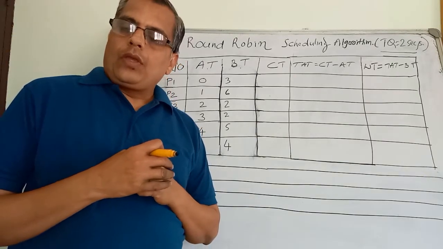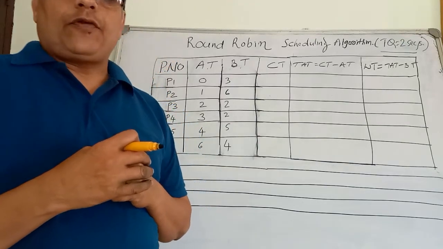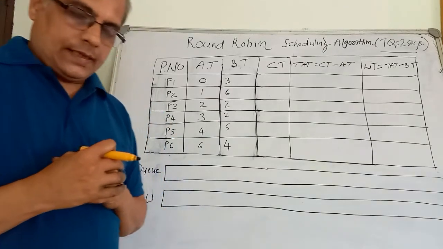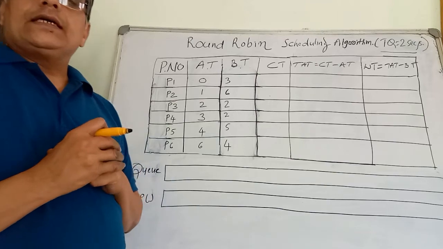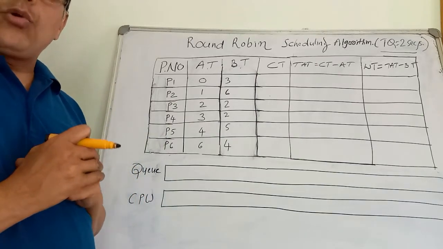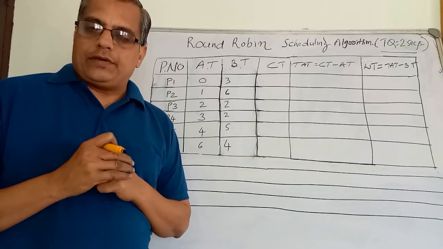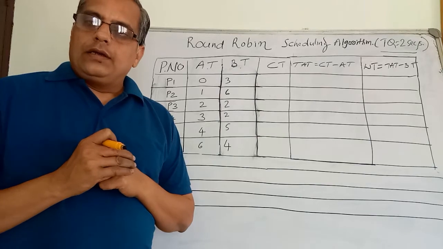What does it mean? The CPU is going to give only 2 seconds to the process as far as execution is concerned. This is the first point. The second point is that this round robin CPU scheduling algorithm is preemptive, its mode is preemptive. What do you mean by that?